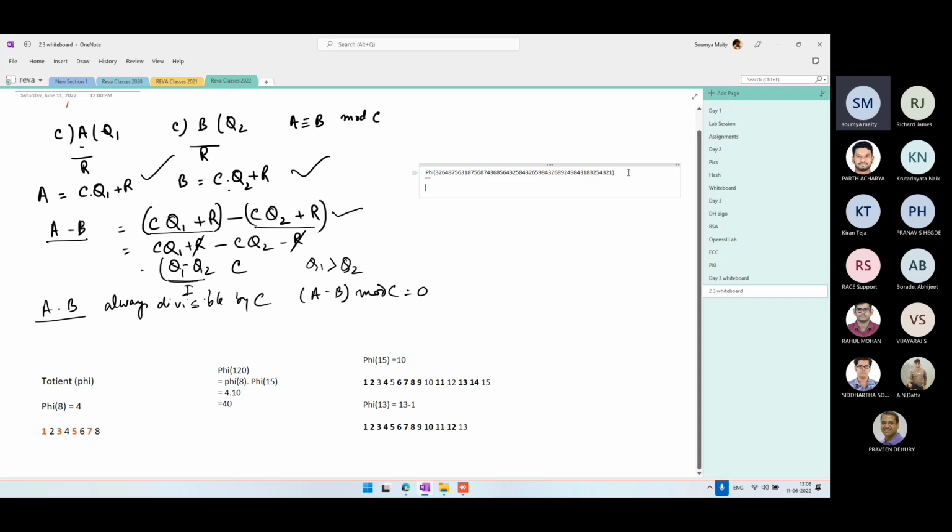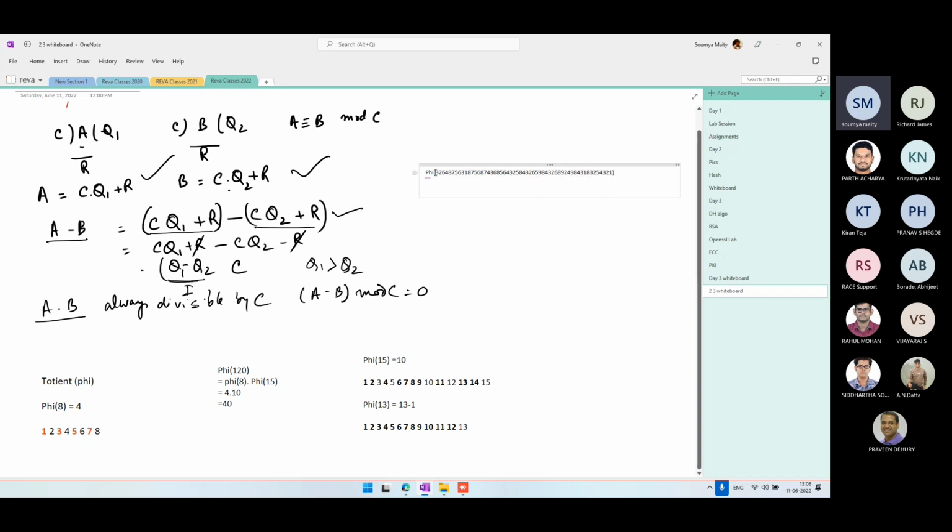Can you find the value of phi? The only way a computer can do it is write all the numbers from 0 to this number and then factorize each and every number. A computer will take a lot of time, maybe 10, 15 years down the line, to find this phi function.